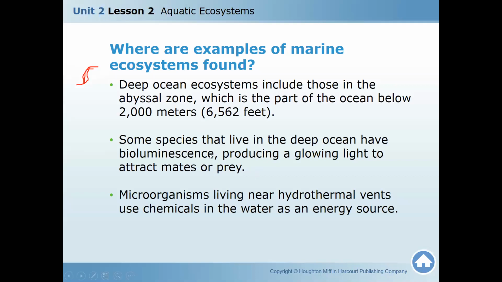Some species that live in the deep ocean have bioluminescence. What is that? I told you they are shiny because they are so deep in the ocean that there is no sunlight. Their bodies are so shiny that it helps them to be alert, or to stay away from predators, producing a glowing light to attract mates and also prey.